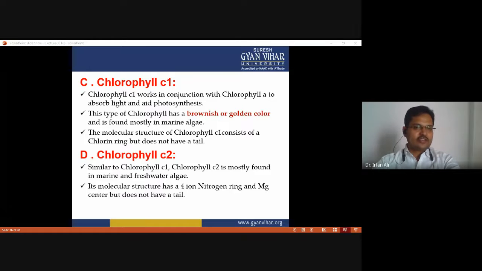The molecular structure of chlorophyll C consists of a chlorin ring but does not have a hydrocarbon tail. So this is chlorophyll C1, and chlorophyll C2 is similar to chlorophyll C1. It is mostly found in marine and freshwater algae, and its molecular structure has four nitrogen rings and a magnesium center, but does not have a tail.